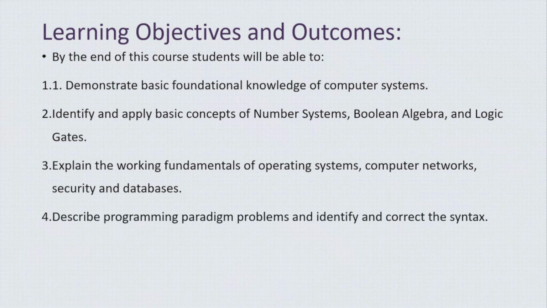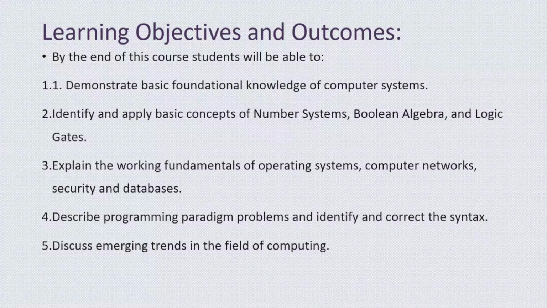Four, describe programming paradigms and problems, and identify and correct syntax. And the last one is to discuss emerging trends in the field of computing. So by the end of the whole course, this is what you should be able to do. These are the objectives, and then the outcome of the course.